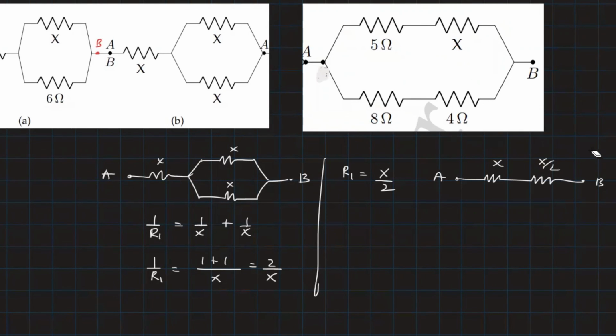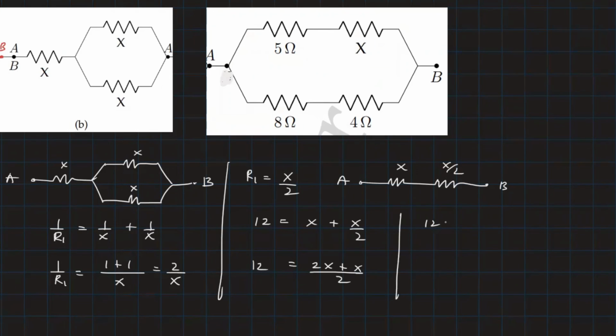So now you can see that they are in series, and their resultant is 12. So 12 will be equal to X plus X by 2, which will be 2X plus X upon 2, and that we get as 12 upon 2, and this is 3X. So 24 upon 3 is X, and X will be 8 ohm. So that's the answer to the second part.